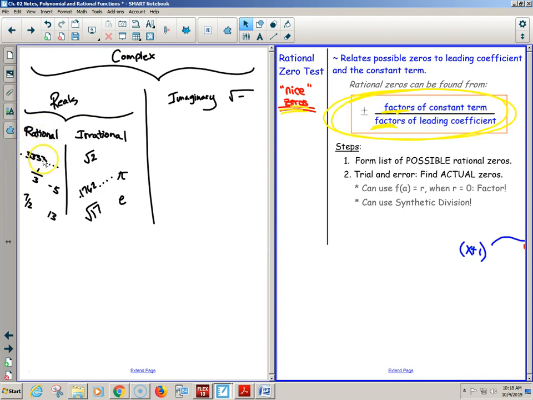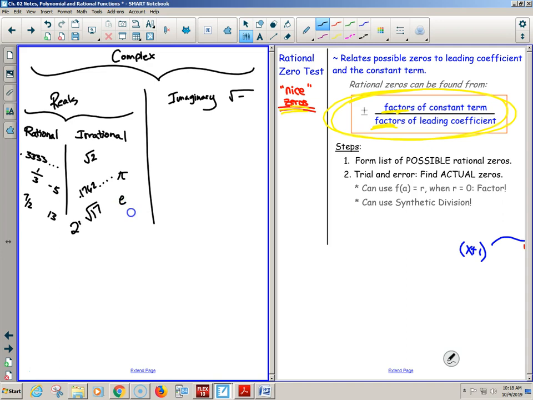There are rational ones that are pretty, where you get nice little factors. There are irrational ones, like this would have been an irrational one from the quadratic formula, but it's still real. But then you could also have something like 2 plus or minus the square root of negative 4 over 2, from the quadratic formula, that are imaginary.